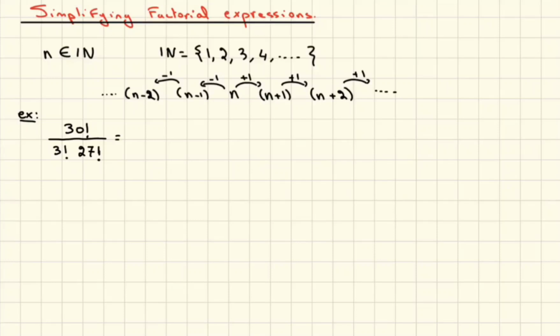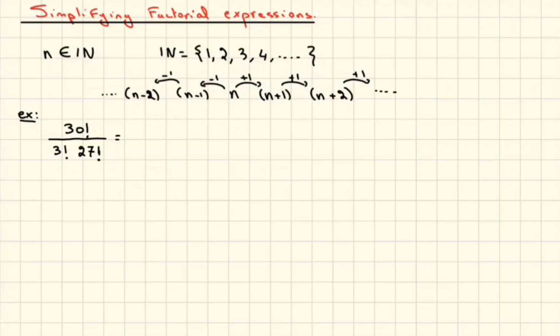Now, some students tend to go back to the definition of factorial and write 30 factorial as 1 times 2 times 3, so the product of the first 30 natural numbers. So they start by doing the following, and they expand the 30 factorial, the 27 factorial, and the denominator and try to simplify.